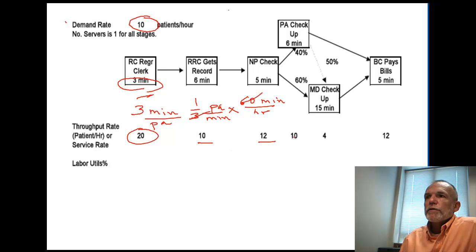This top branch for the PA is 10 per hour, 4 per hour for the doctor, and then 12 per hour. Notice that this smallest rate, 4 for the doctor, would be the bottleneck rate for the process. That would be the rate at which this process would operate.